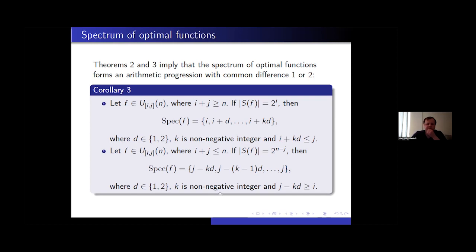In this case, the case when k is equal to 0 is possible too, and in this case, the spectrum of f is equal to j.